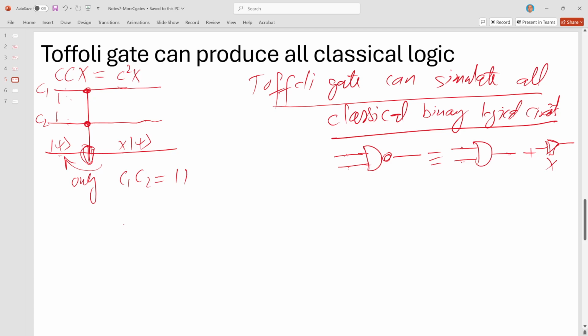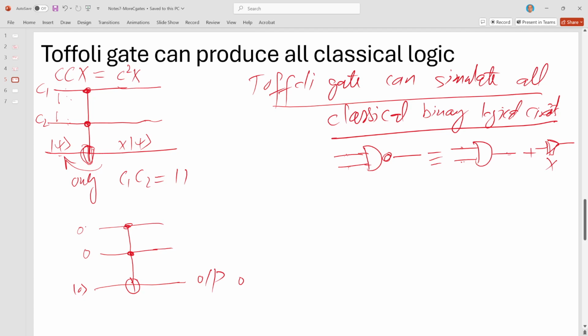In the Toffoli gate, suppose I fix this input state to 0 permanently, and I make this my output line. Now we can easily see that if this is 0 and this is 0, we get 0.